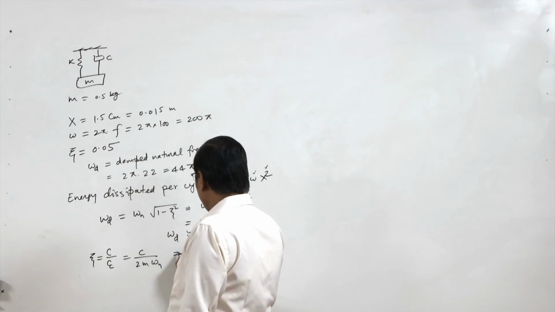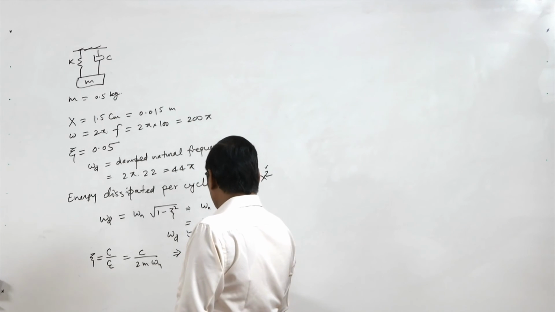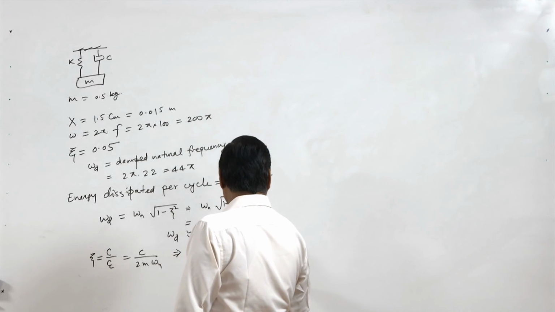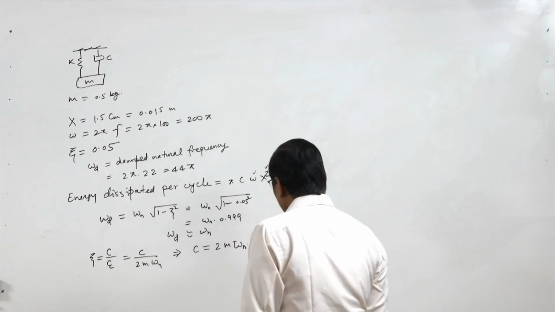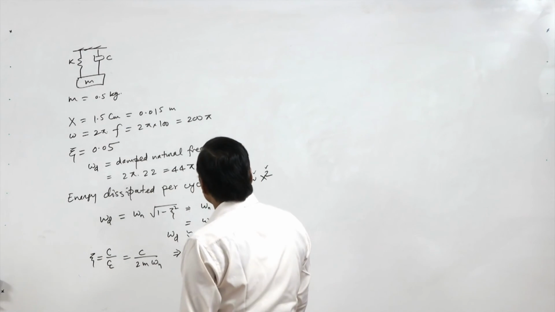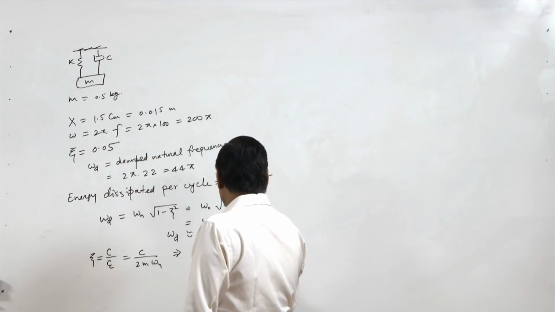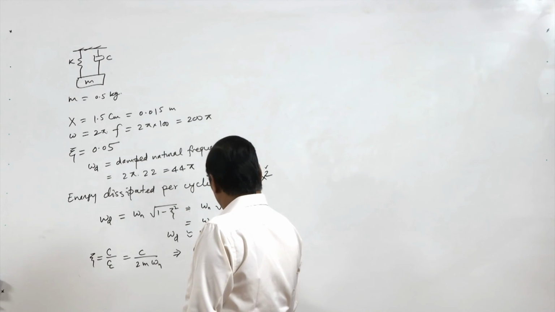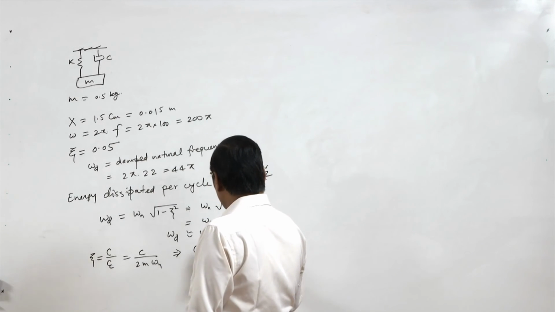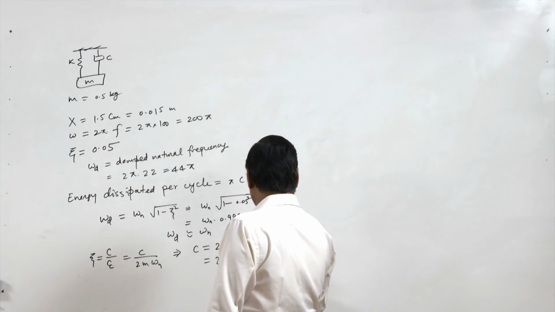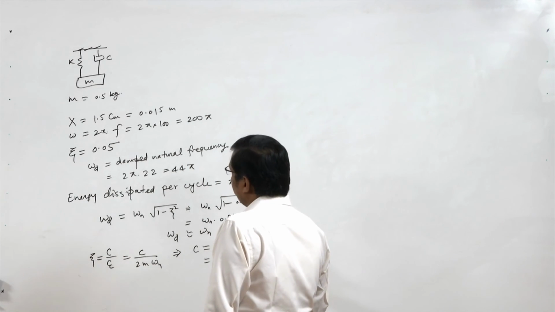So from here we can find c equal to 2m omega n into zeta. So 2 into m is 0.5, and omega n equal to omega d, that is 44 pi, into zeta, zeta is 0.05.